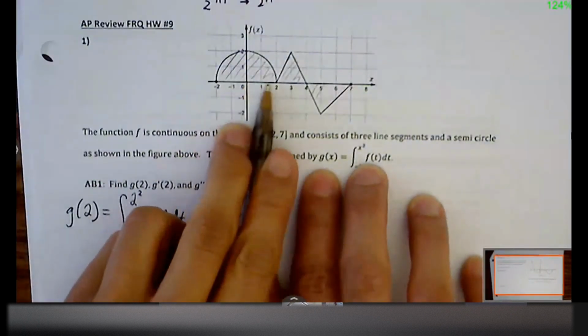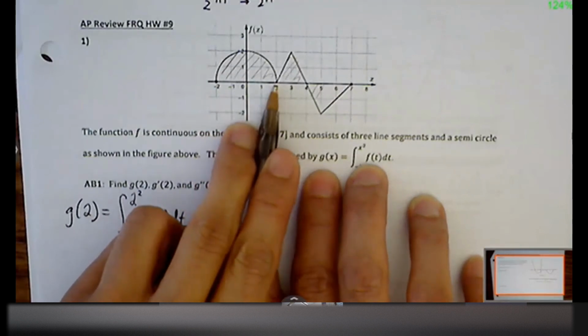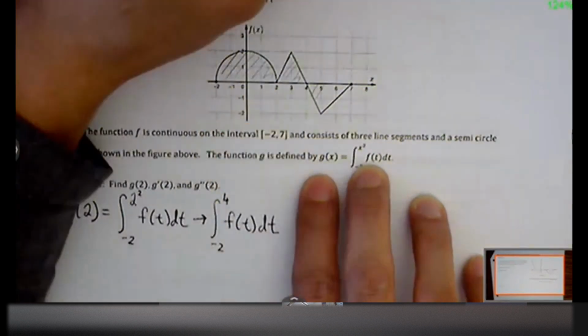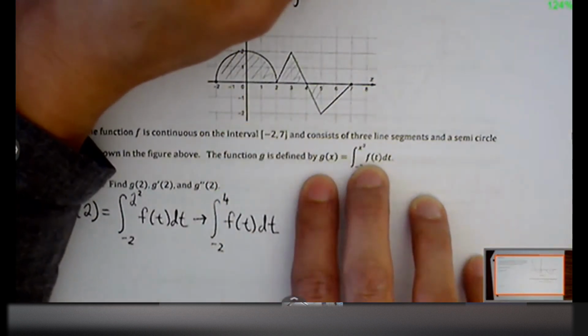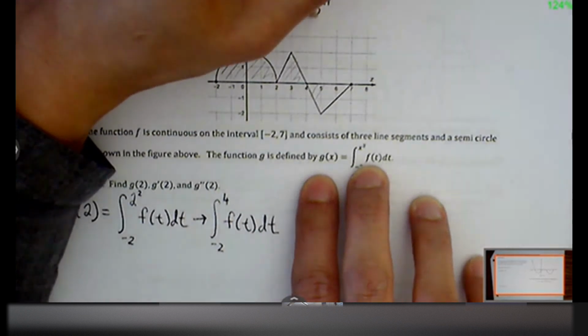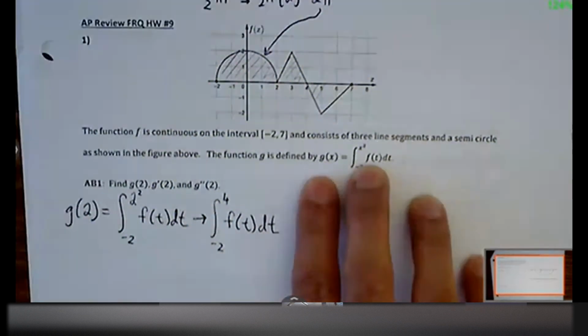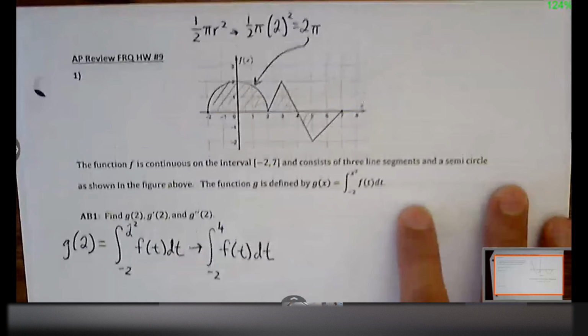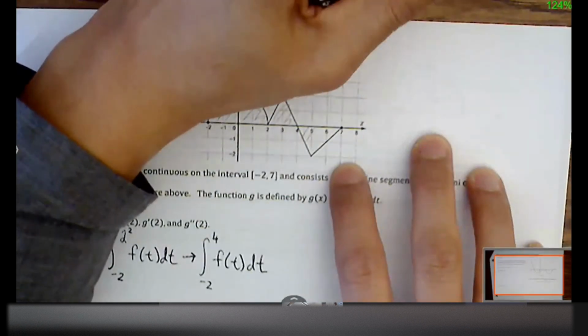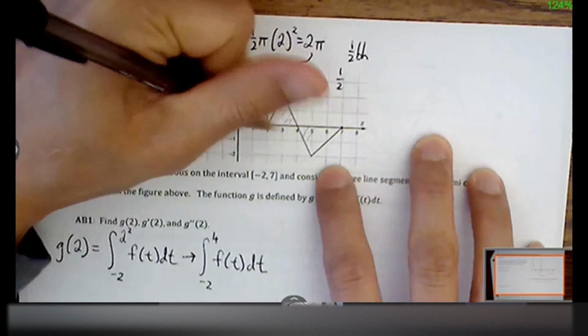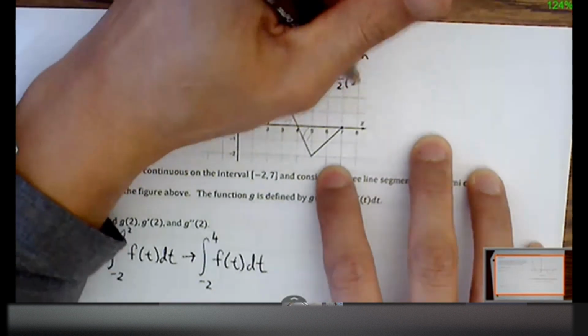My radius is just going to be 2, right? Center to a point on the semicircle, so that equals 2 pi. Triangle: 1/2 base times height. My base is 2, my height is 2.